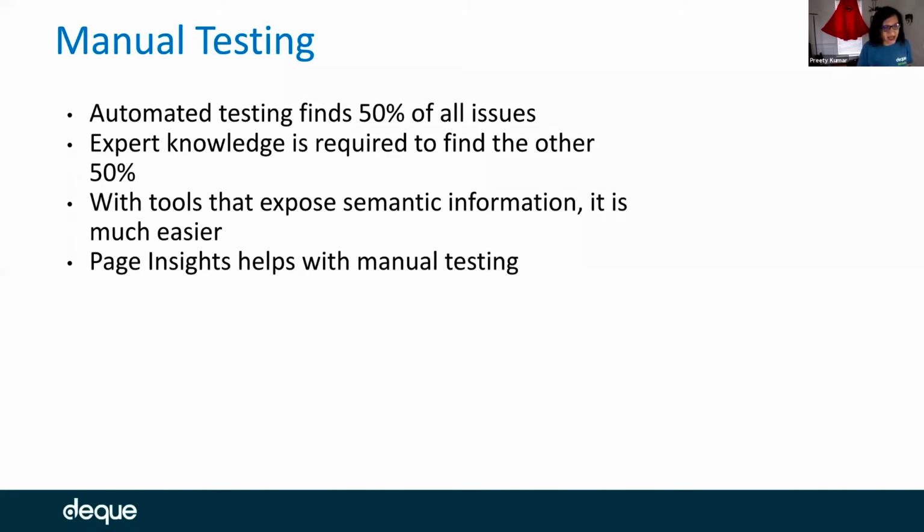And this is an average, okay? Now, if we could expose some semantic information on the web, it would make the manual testing process much easier than just following a list of instructions. So we created something called Page Insights that helps with manual testing.